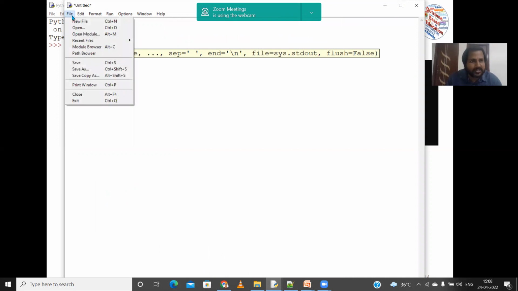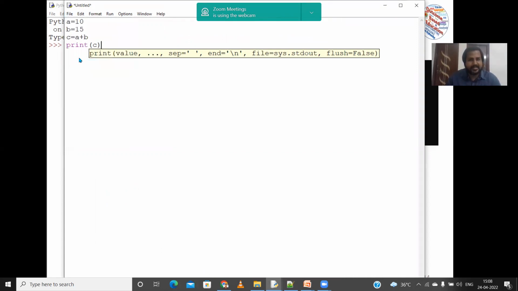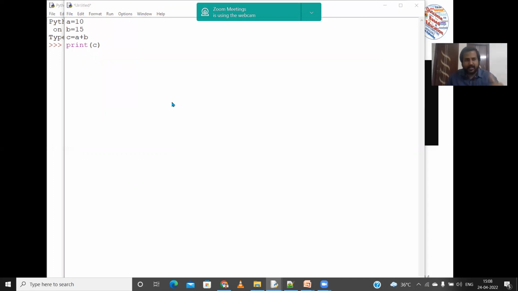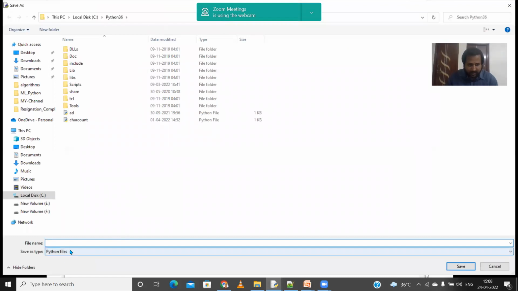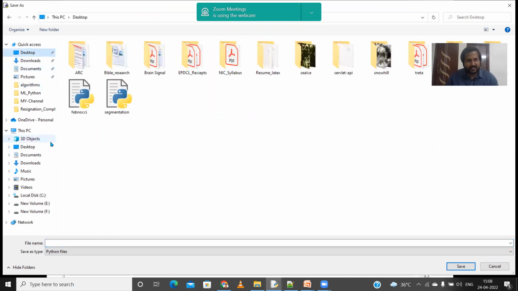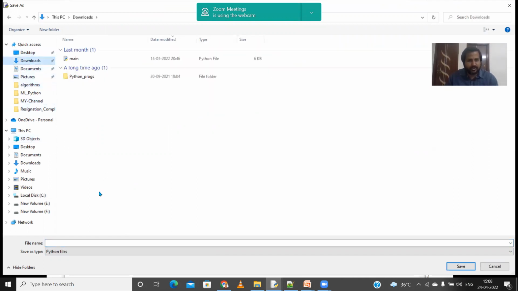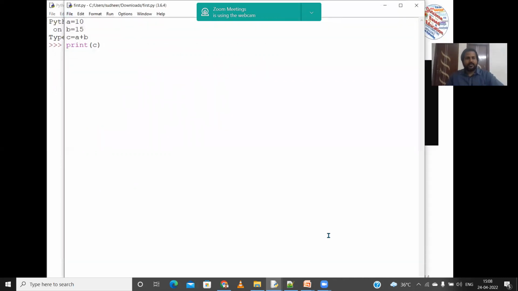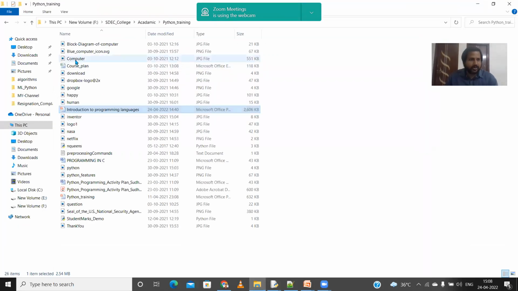So you have to save this file as a .py. Automatically, if you are using Python IDLE, it will come as a Python file only, .py. You don't need to mention it. So now you can save this into downloads or somewhere. This is the first program. You can save it as first.